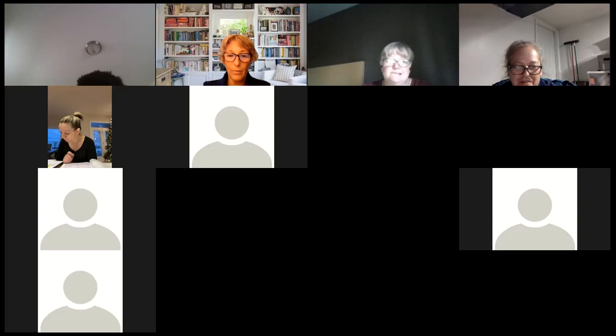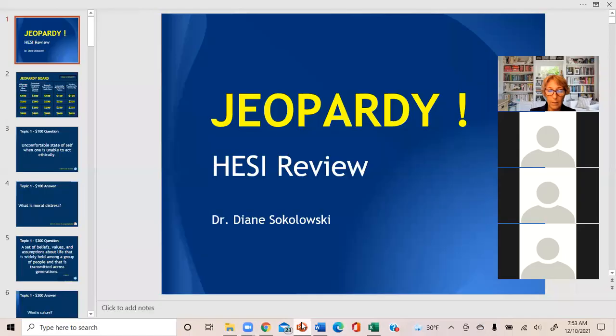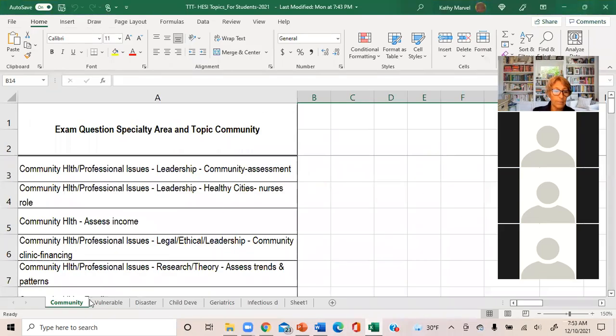Okay, let's cover this document of previous HESIs because I want to think about what questions we might be getting. It's right here. So this document is specialty areas and topics for previous community HESIs. As you see at the bottom, here are our sections.